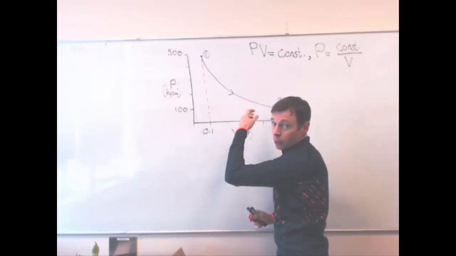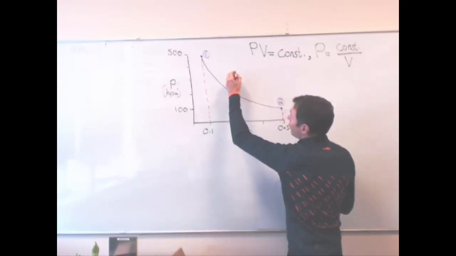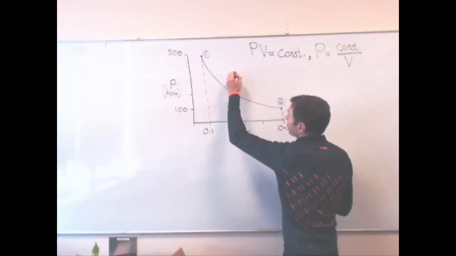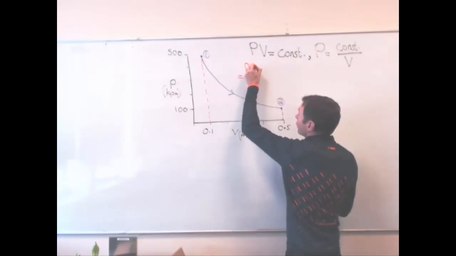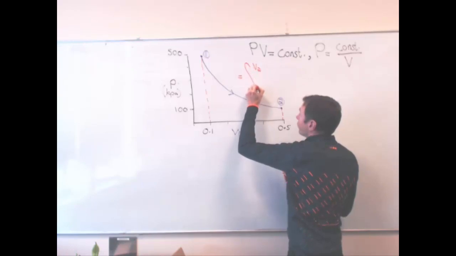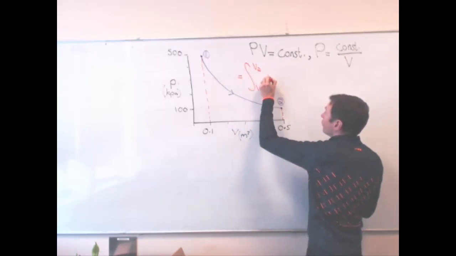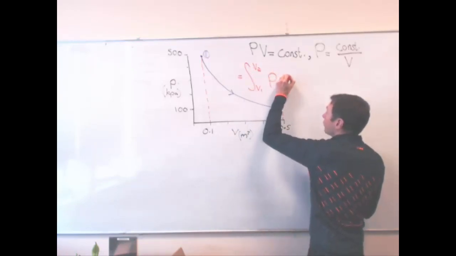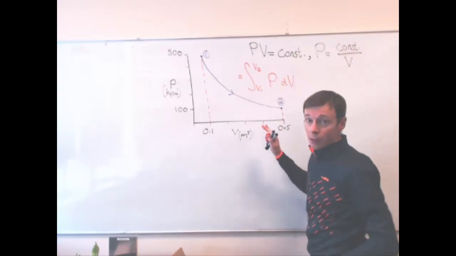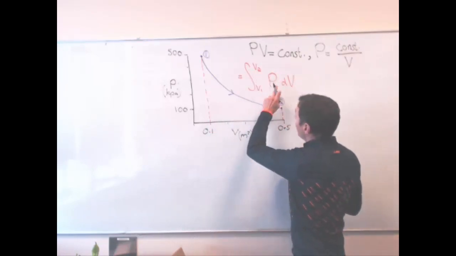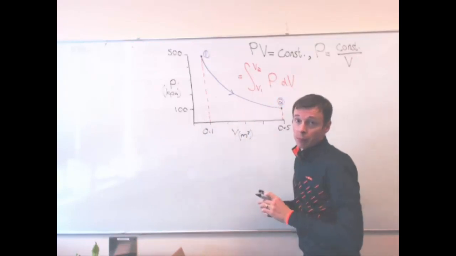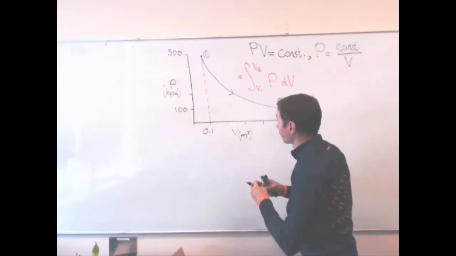So to determine the work, we need to find the area under this process line. That's equal to the integral of this. The integral, our limits are V2 and V1, and it's the integral of P times dV.